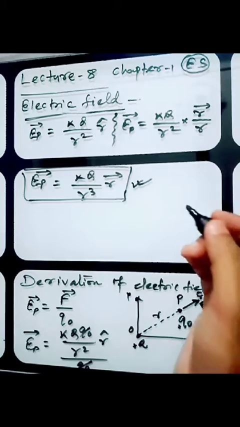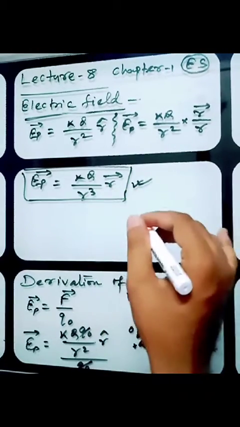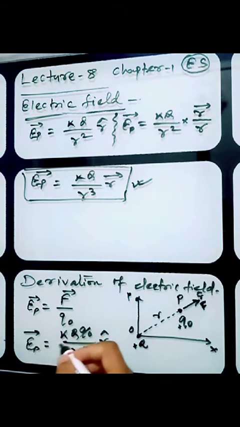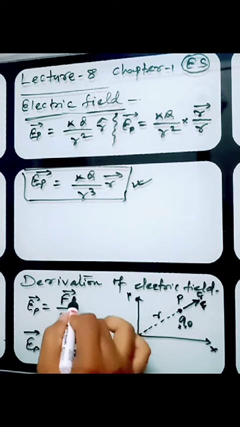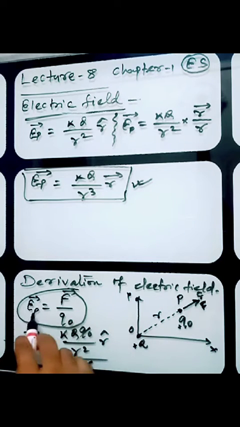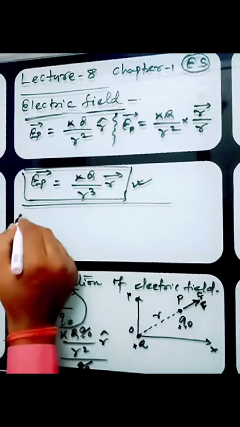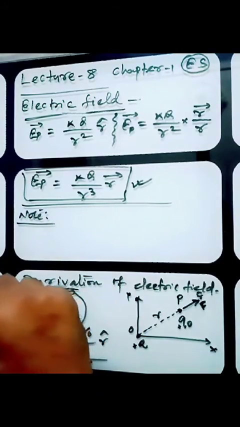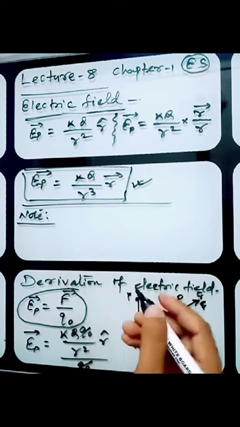Now students, if any charge is placed in an electric field, then you can find the force on that charge using this definition. That's what the electric field is, force per unit charge. So be aware in your mind and make this a note point.